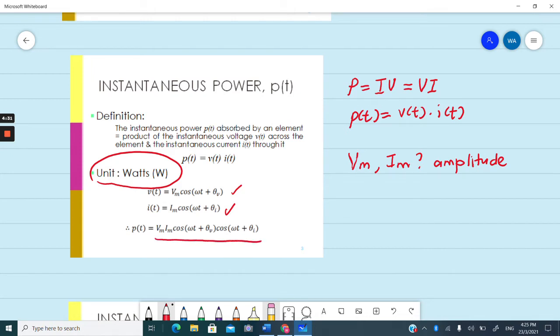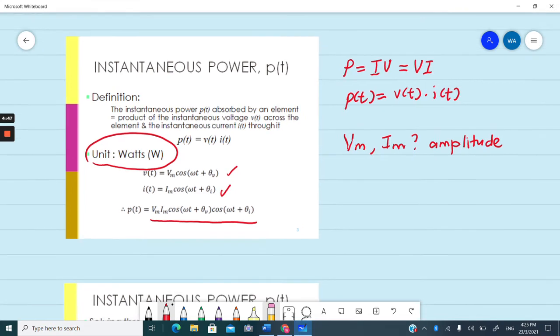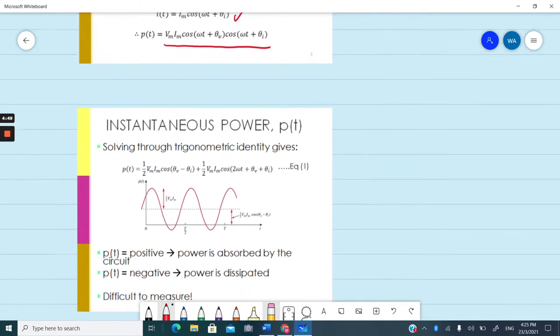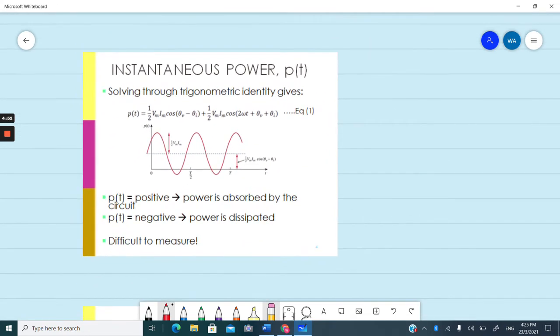Vm Im cos(omega t plus theta v) times cos(omega t plus theta i). This one is difficult to measure because you have two cosines in one equation. So we have to solve the equation using trigonometric identities. When you solve the equation, it will give equation 1: half Vm Im cos(theta v minus theta i) plus half Vm Im cos(2 omega t plus theta v plus theta i).